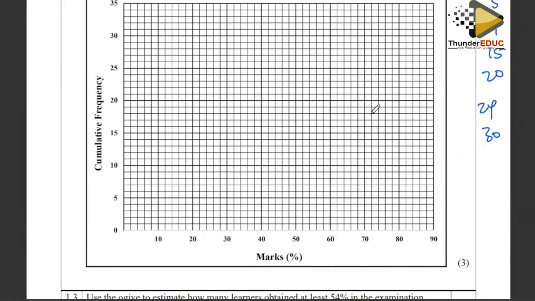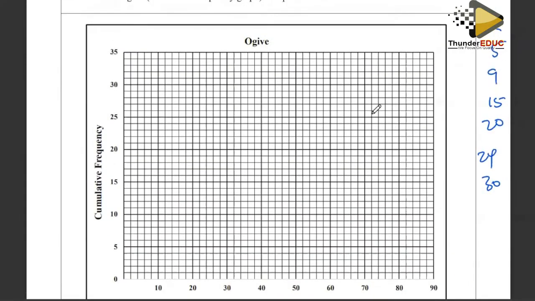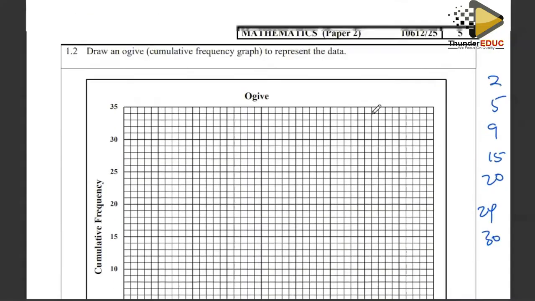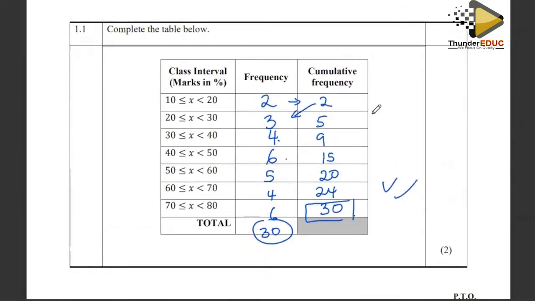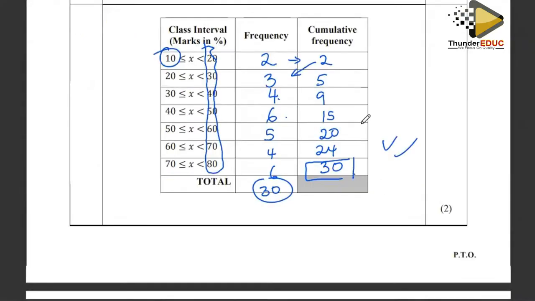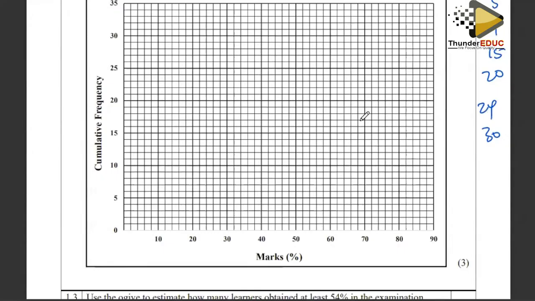When you're plotting the cumulatives, we always use the upper interval values, meaning that we're going to use the 20 and so on. So 20 is going to go with a 2. Next we have 5, so 30 is a 5.